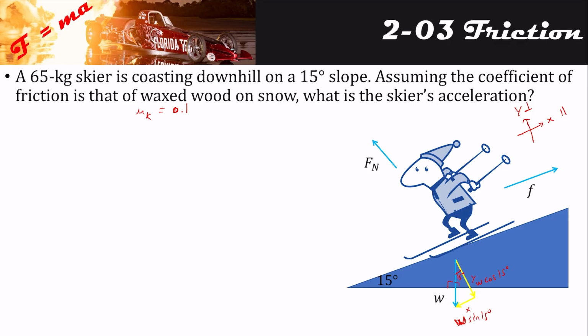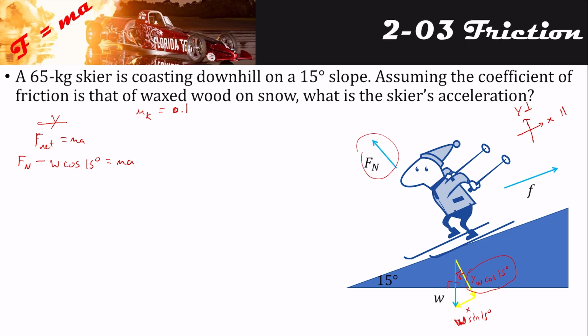Now we could start in either the parallel or the perpendicular direction, either the x or the y. It's often easier to go in the y if we have friction, because we need to find the normal force. If I say my net force is ma, in the y direction I have normal force up, and the y component of the weight down, so minus weight cosine 15 degrees.